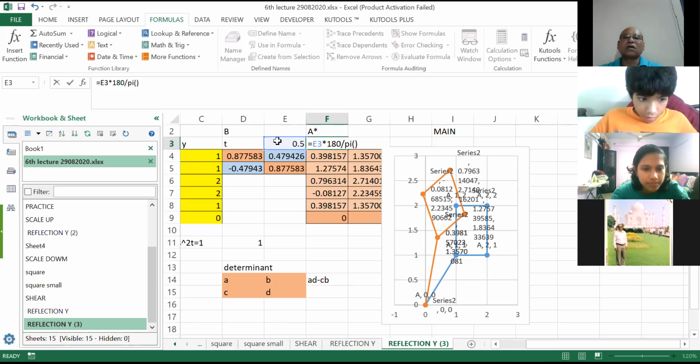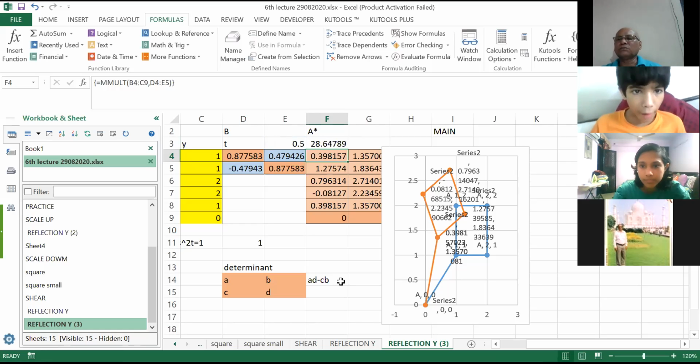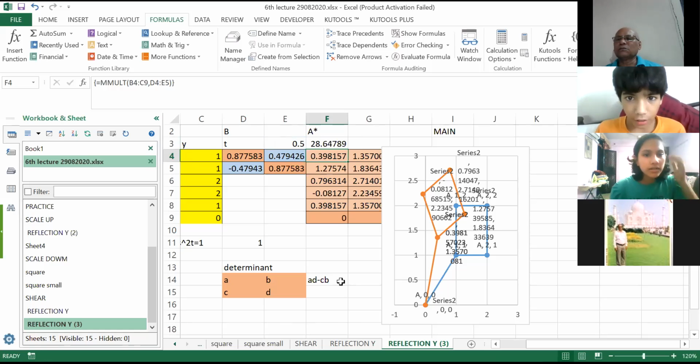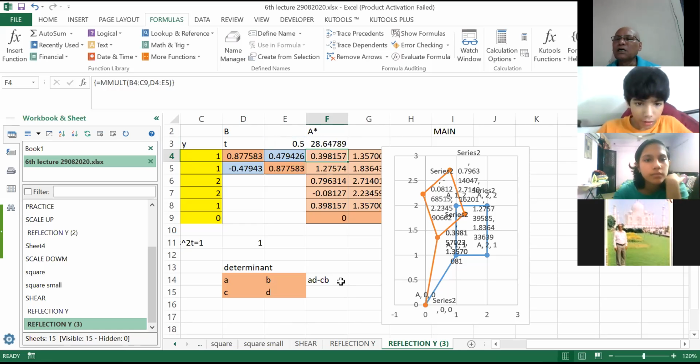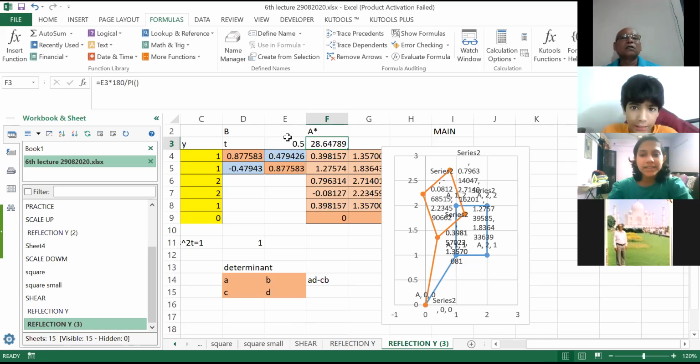Sir, my Excel is giving different sine values. What is it giving? It's giving 0.479426. Which one are you talking about?